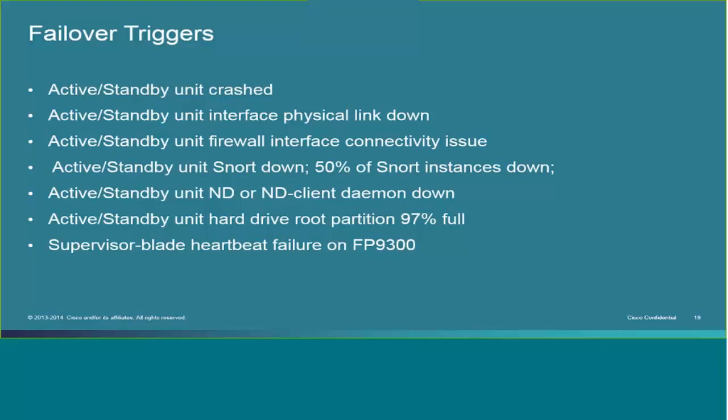Another thing you can do to test a failover is to bring an interface down. If we have, let's say, secondary active and primary standby, you can shut down a particular interface on the secondary active to see if the failover happens.